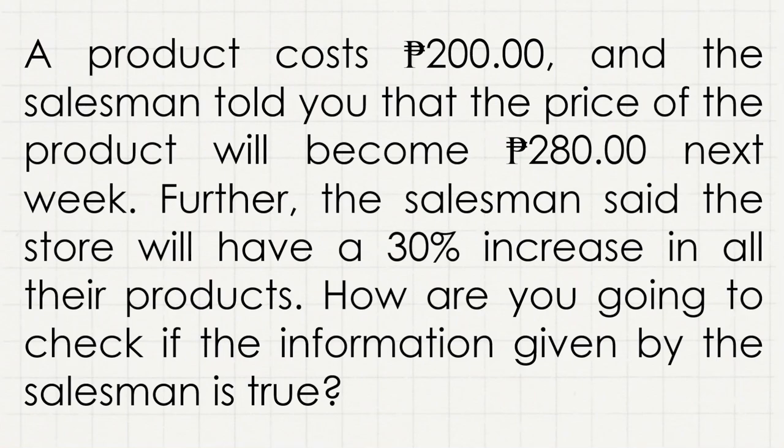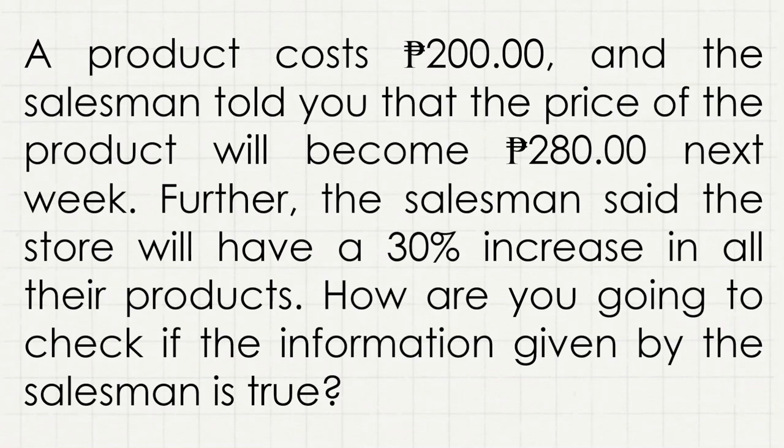A product costs 200 pesos and the salesman told you that the price of the product will become 280 pesos. So as you can see, from 200 tumaas ng 280 pesos. Further, the salesman said that the store will have a 30% increase in all their products. How are you going to check if the information given by the salesman is true?